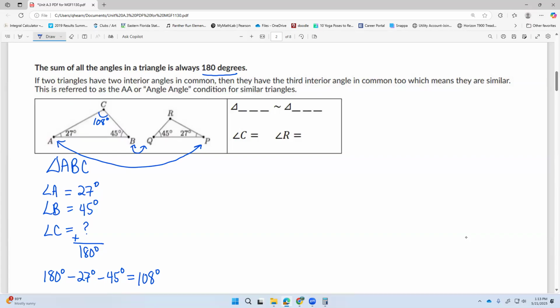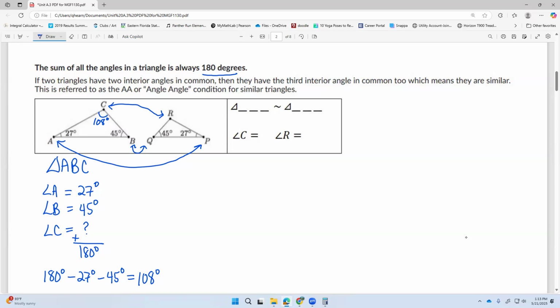So wouldn't it make sense, without even finding the measure of angle R, that angle R also has to be the same measure as angle C? Because to find the measure of angle R, we would have to do the same process, subtract 180 minus 45 minus 27. So that's an important concept.